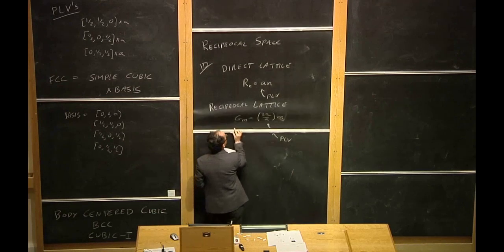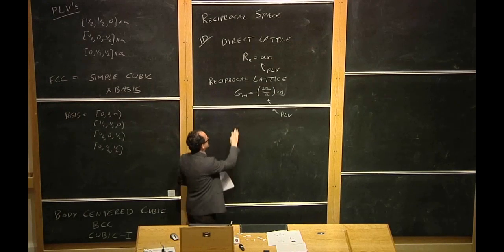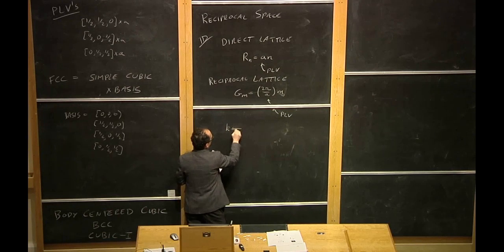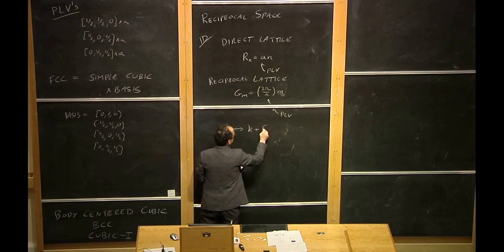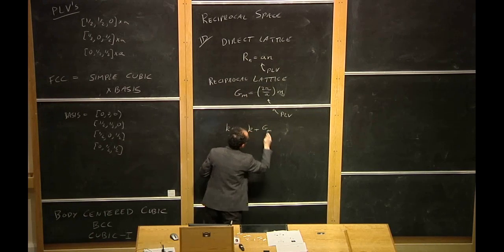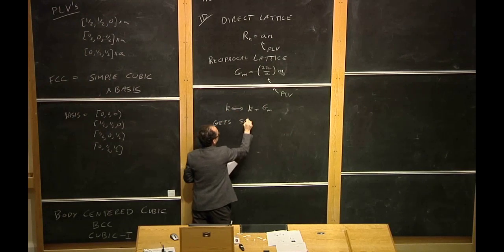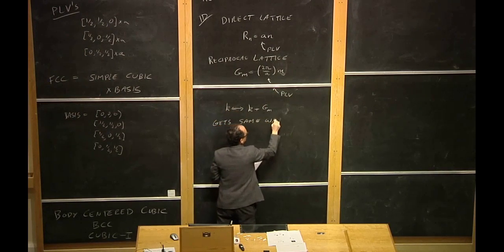Now, why was it that we chose this to be the reciprocal lattice? Well, we chose it because if you take k to k plus any element G_m in the reciprocal lattice, we get back the same wave. And why is that?